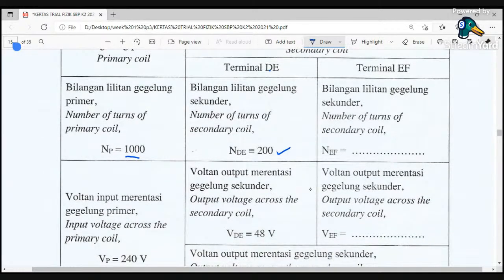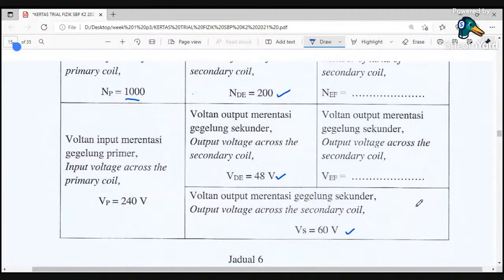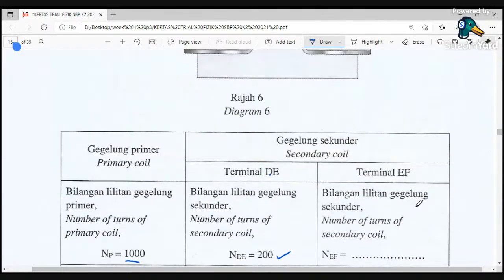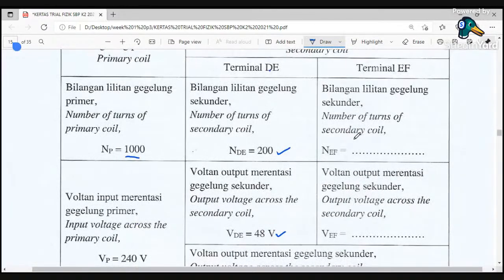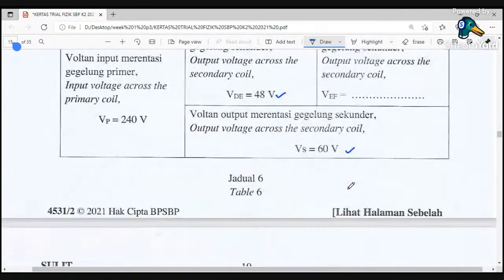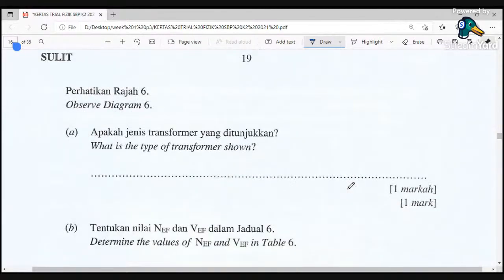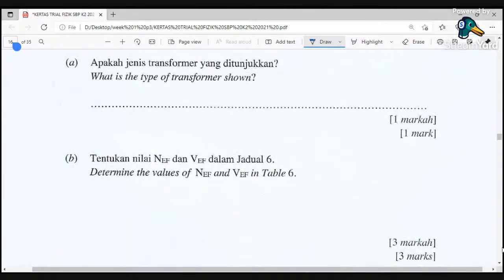The output voltage 48 volt. Output voltage across secondary coil 60 volt. Okay, what is number of turns of secondary coil from E to F, and then the voltage across EF. Later we'll discuss how to calculate that.